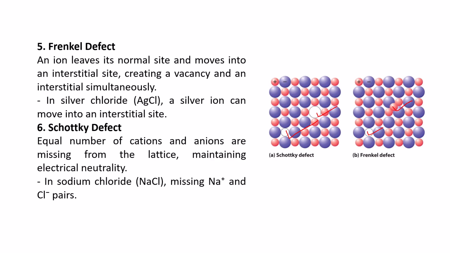For example, in silver chloride, a silver ion can move into an interstitial site. And in the case of a Schottky defect, in sodium chloride, the missing Na+ and Cl- pair, these two defects, is called a Schottky defect.